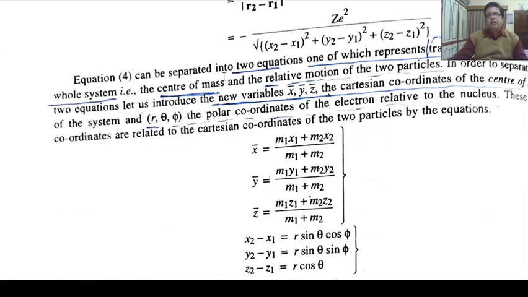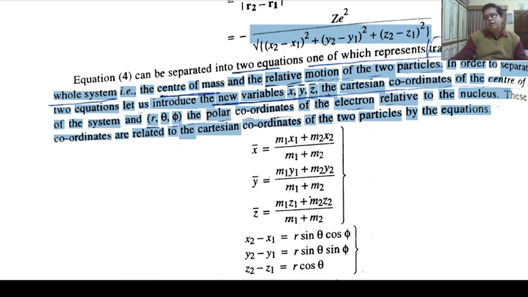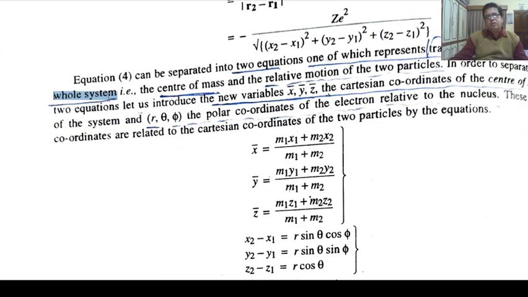Two equations: one for the translational motion of the whole system, that is the center of mass, and the second one for the relative motion of the two particles.